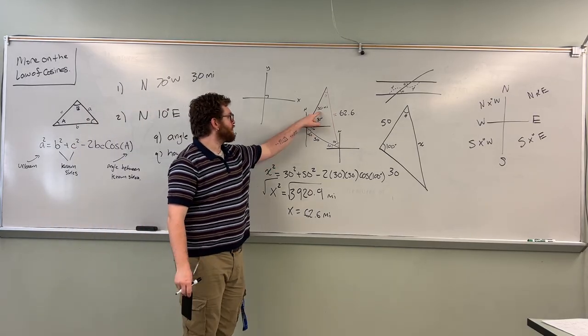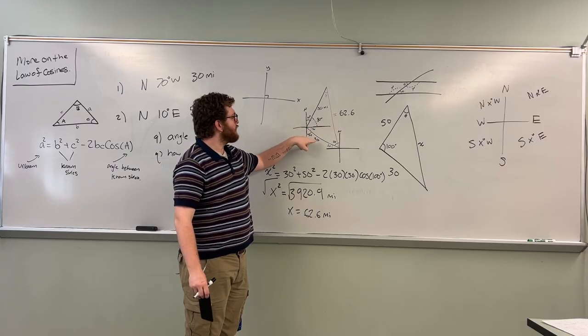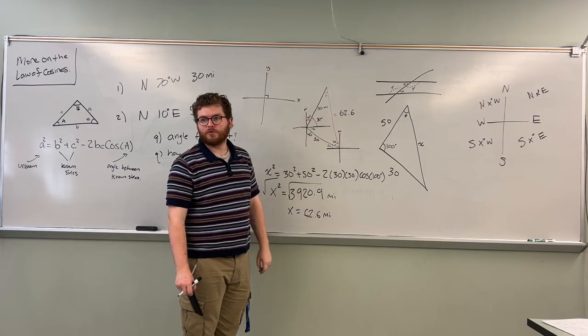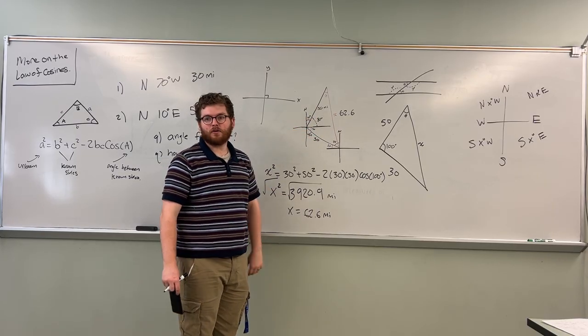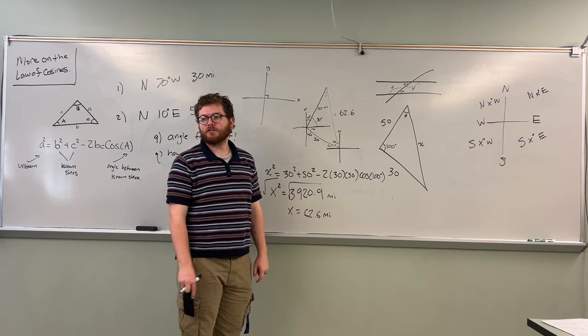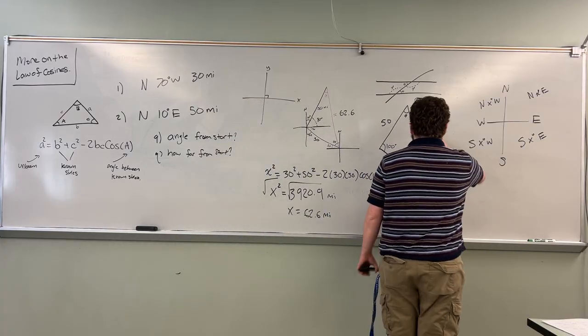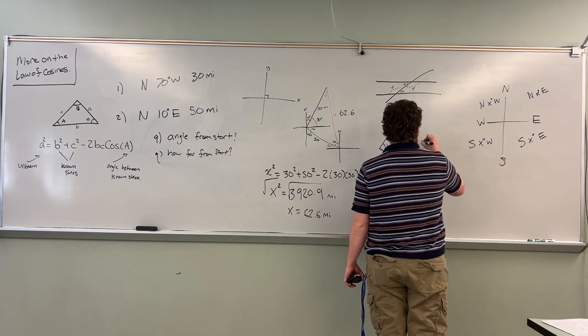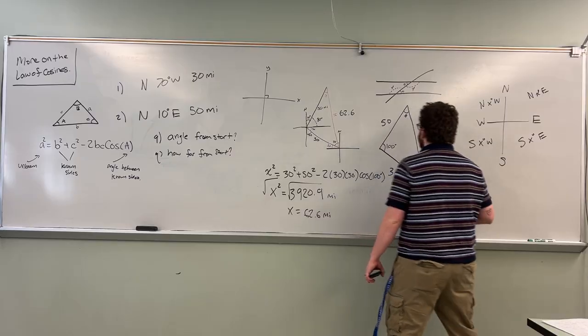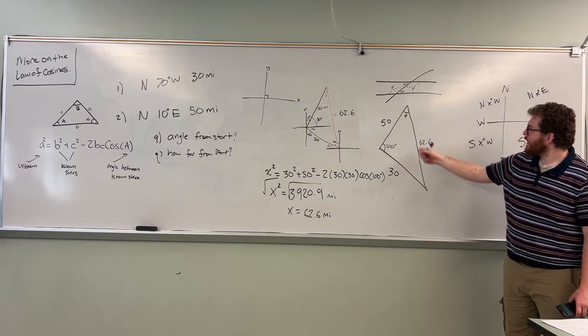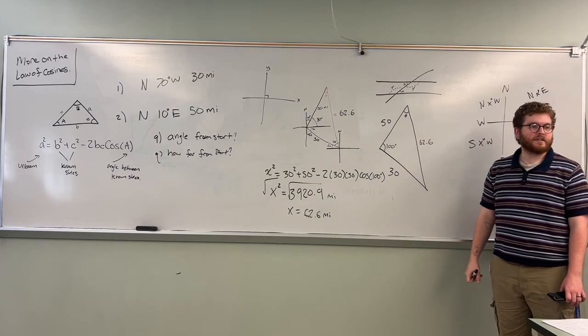It's shorter than the sum of these, which is 80, but it's longer than either of them individually. Since it looks like it's the hypotenuse of the triangle, those are the conditions that we expect to have met. Cool. So we'll draw that in our big triangle here. This is 62.6. And now how can I find this angle here?